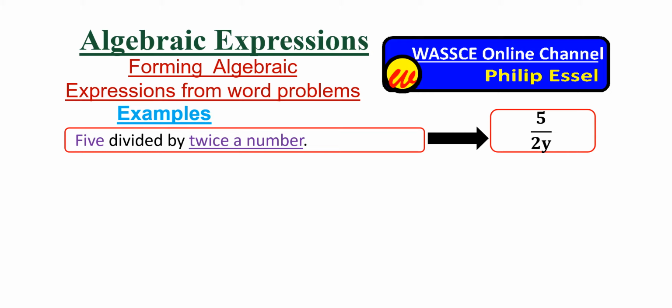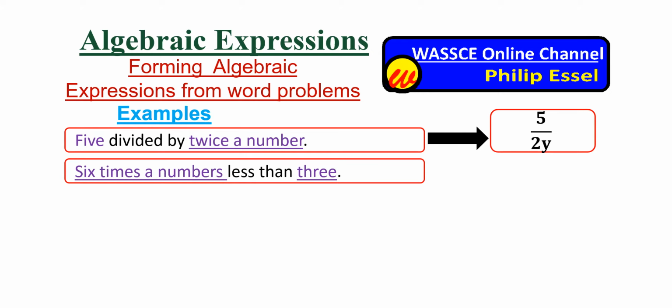But what was it divided by? It was divided by twice a number. Twice a number, that number we do not know. So 2 times an unknown number. Let's represent the unknown number by y. So 2y. That means that our 5 will be divided by 2y. Very simple, isn't it?